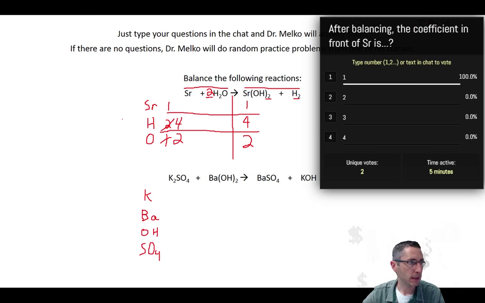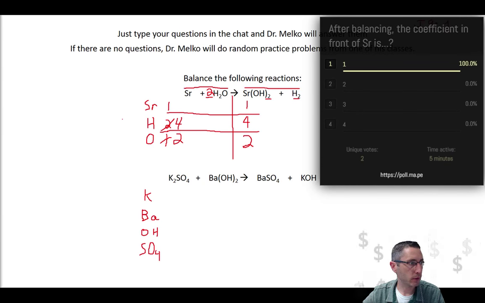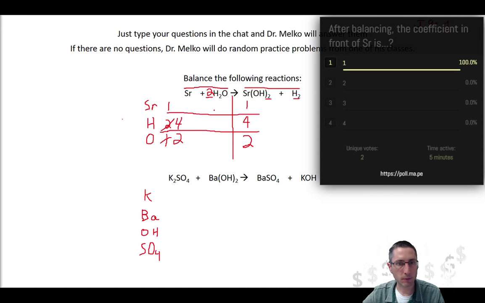So the correct answer for the poll there was 1. We end up not having to change anything about strontium. There's a 1 implied in front of strontium, a 2 implied in front of water.